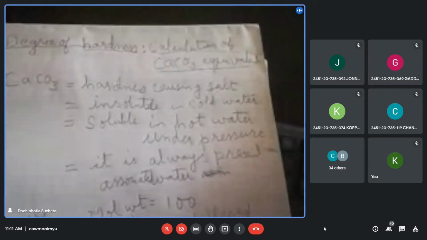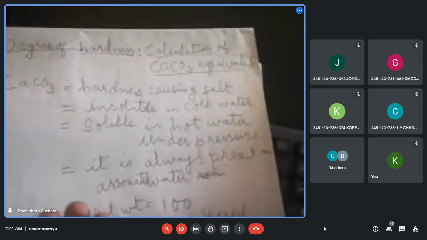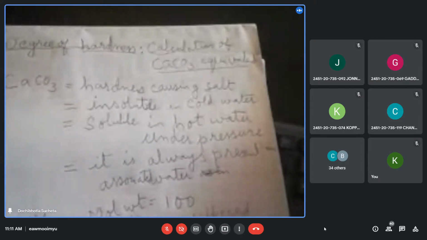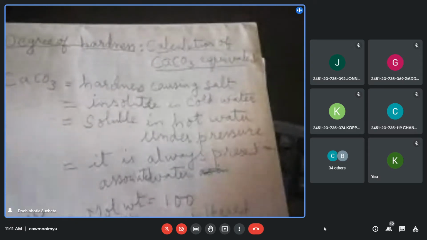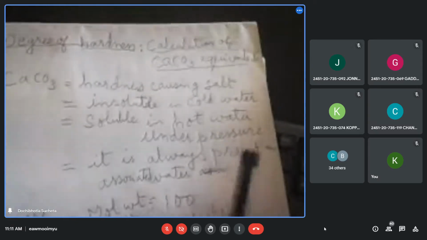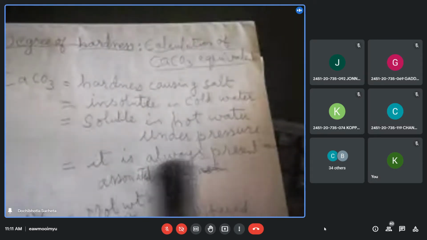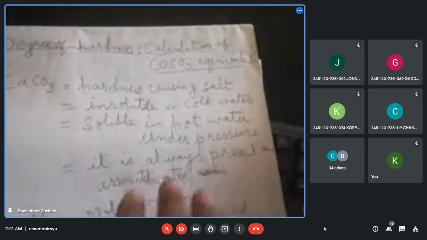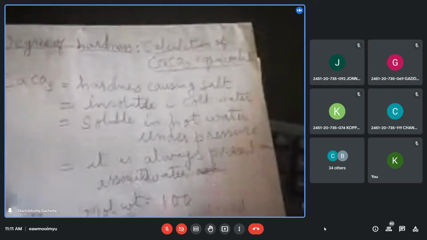Now the question is, which type of salts are removed? Temporary hardness causing salts are removed, and they come out as sludge. At the end of the boiling and cooling, you'll find a white powder at the bottom of the vessel.